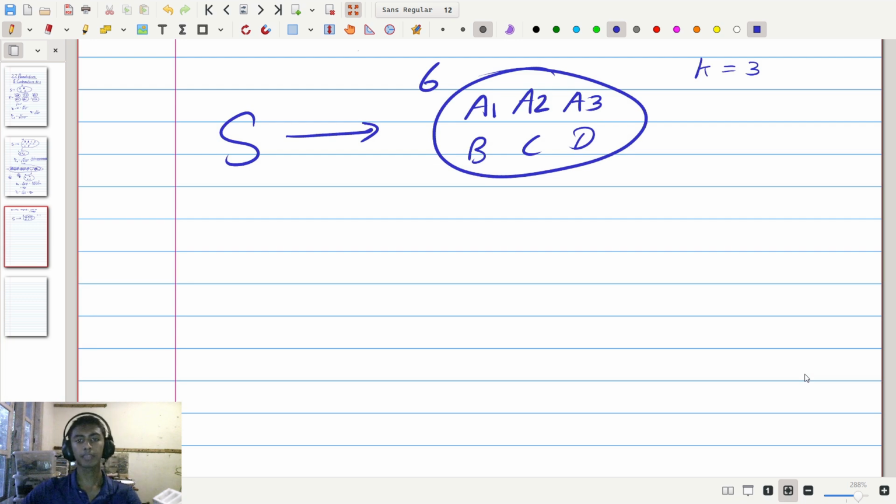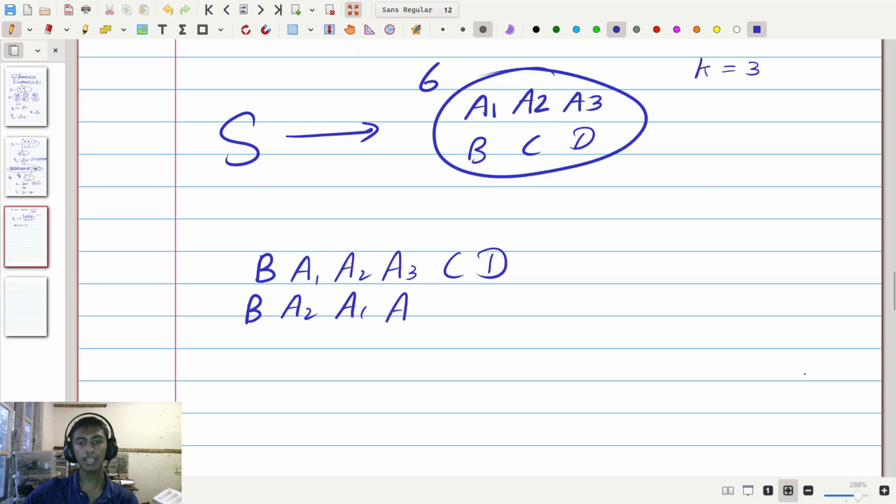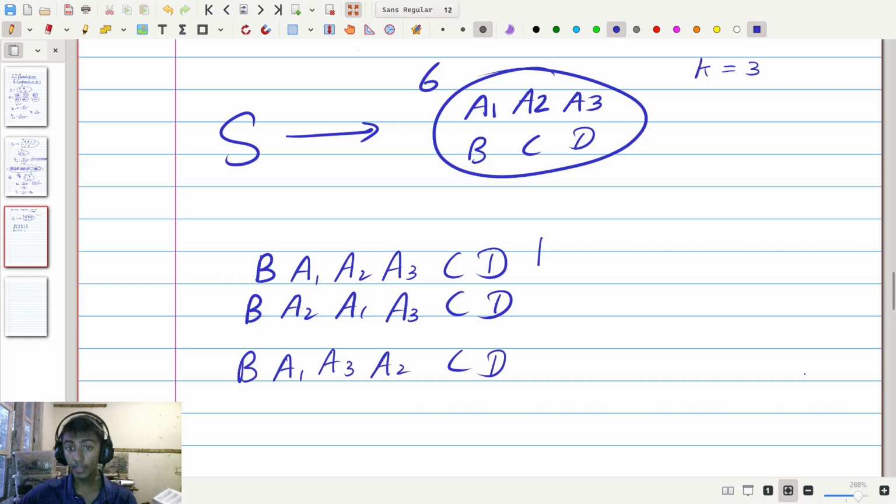Now if we do this for one particular arrangement, we could have B, A1, A2, A3, C, D. Another particular arrangement would be B, A2, A1, A3, C, D. Another particular arrangement or permutation would be B, A1, A3, A2, C, D. Another arrangement would be B, but this time instead of swapping the A1 and A2, let's swap the A1 and A3.